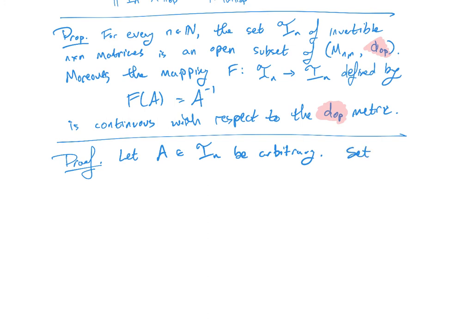Okay, the epsilon I'm going to take here, obviously this isn't something you see beforehand. You see it in the proof, but we're going to take it to be 1 over twice the operator norm of the inverse of A.